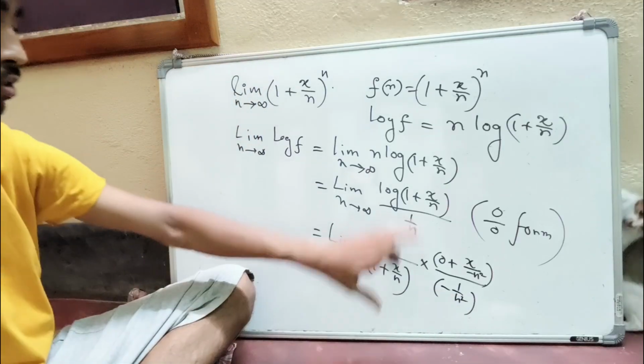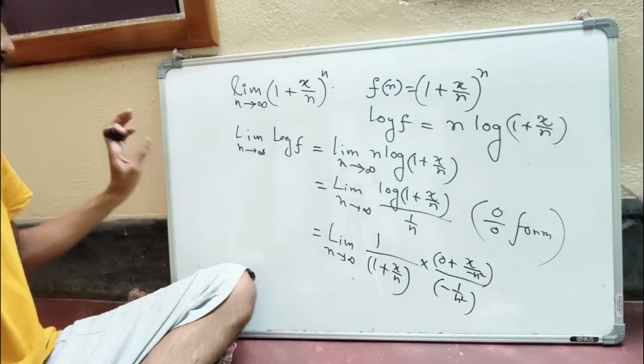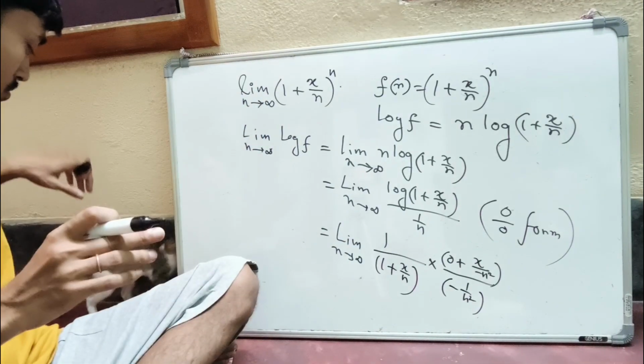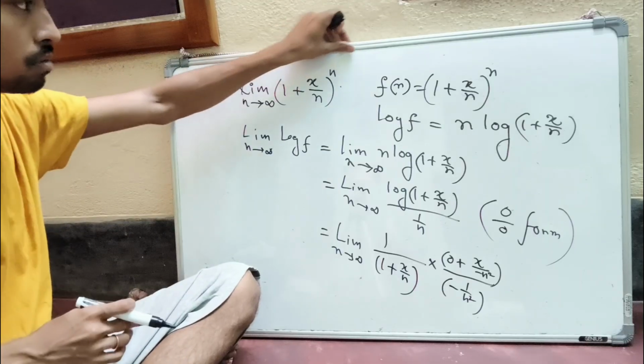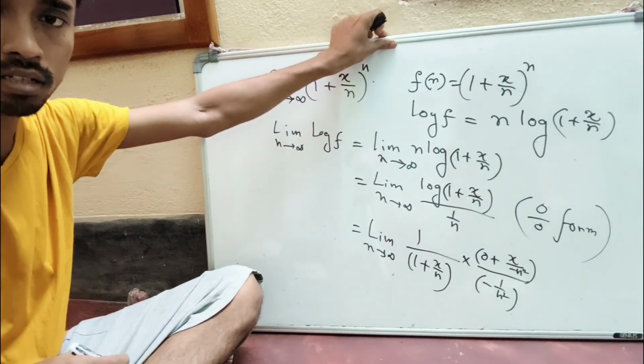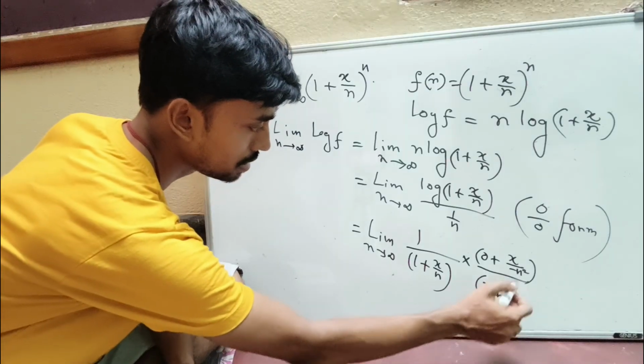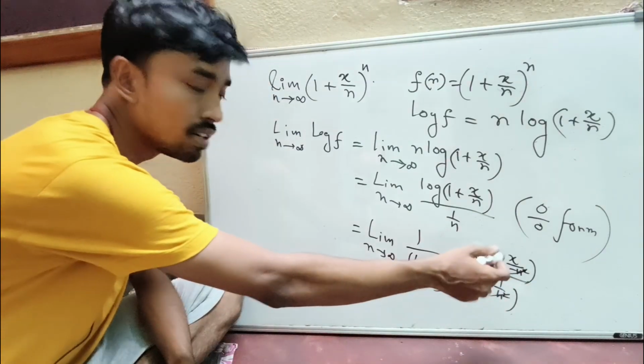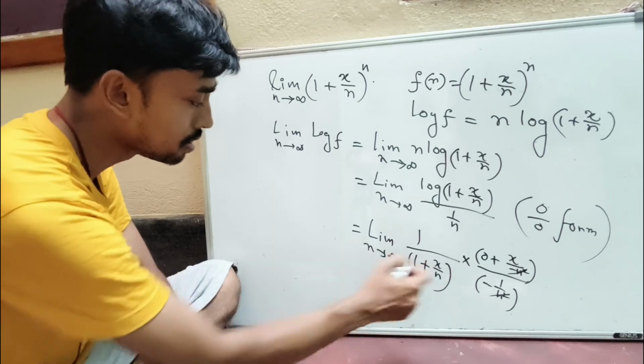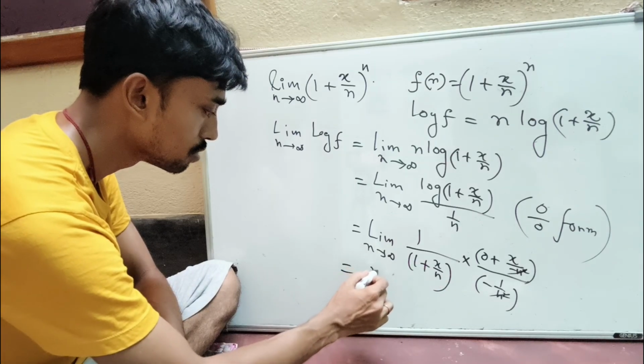All right, so that's what we get. Now if I just simply do some tricks over here, we see that this and this actually vanish. We have only x over there, and for this limit it basically goes like this.